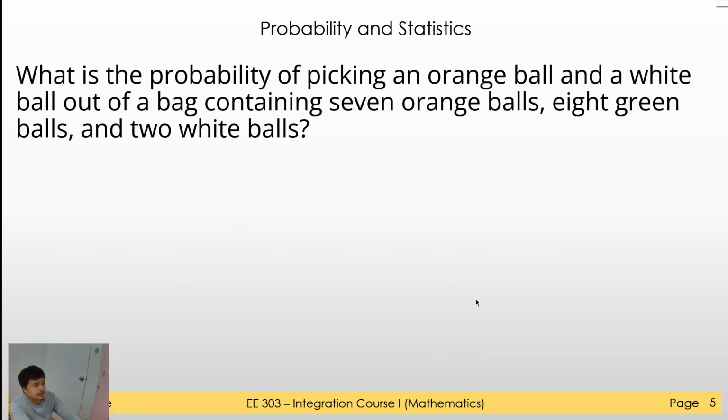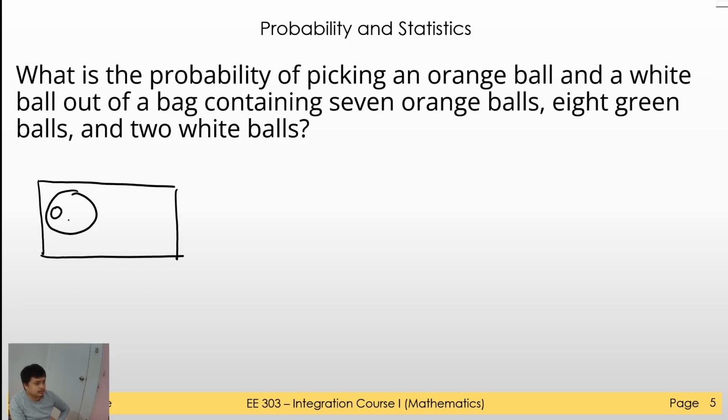Okay, so another example here. What is the probability of picking an orange and a white ball out of a bag containing 7 orange balls, 8 green balls, and 2 white balls? Okay, so let's visualize the problem. We have a box here, and in portions of the box we have orange balls.